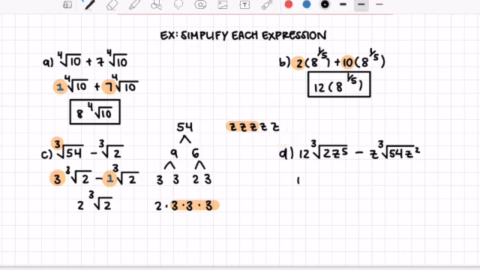So on the outside I have 12z cubic root of 2z to the power of 2. On the other side, we already know the cubic root and how we can simplify out a 3 from 54 because we already did it over here. So I'll take out a 3 and I'll be left with 2z to the power of 2 on the inside.